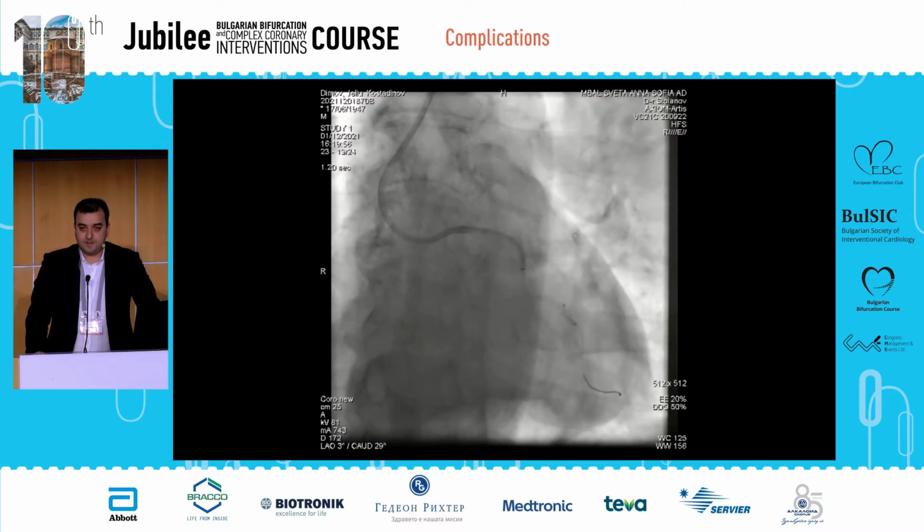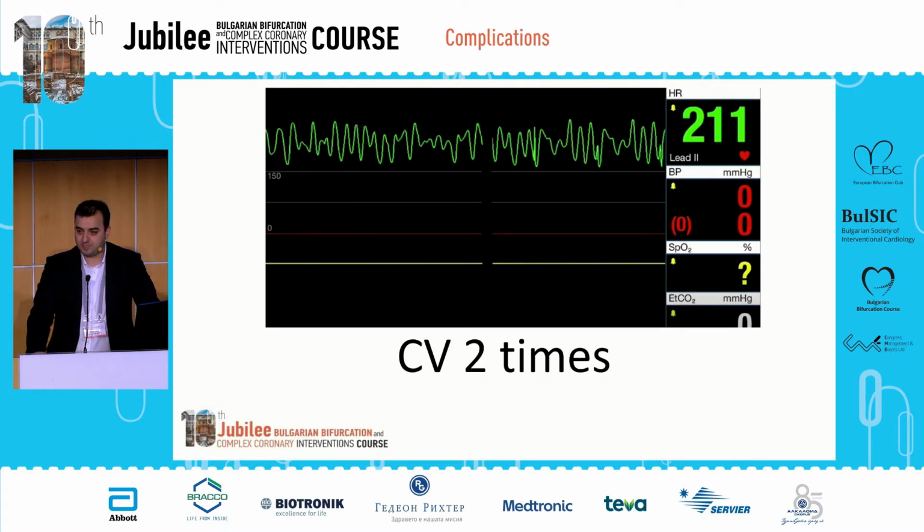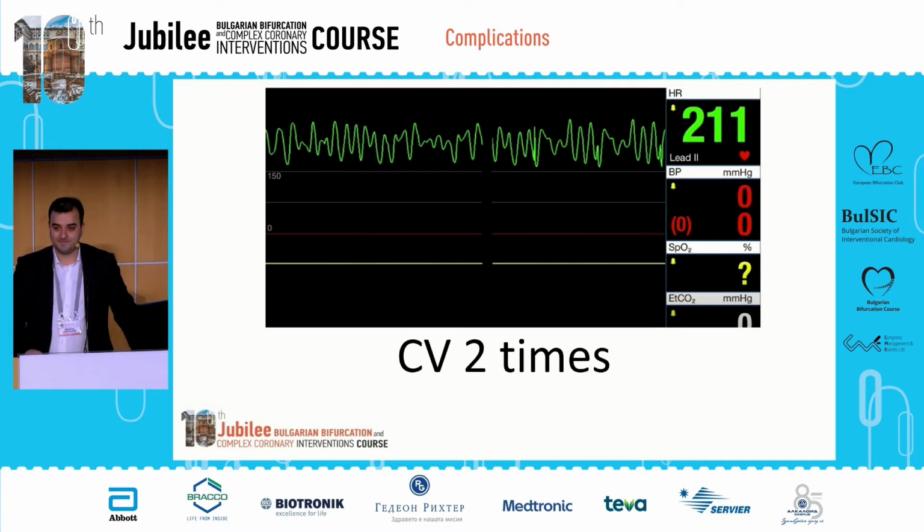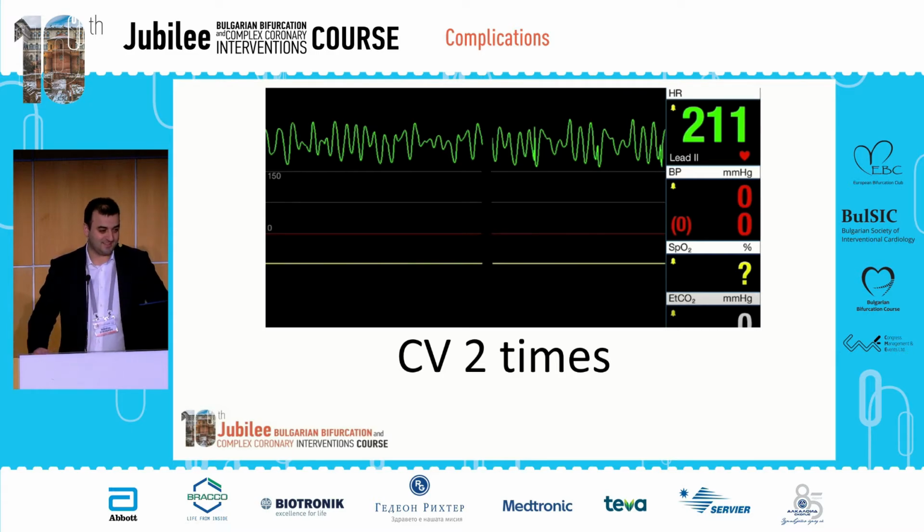I took the same 6 French guiding extension catheter. I passed distally. I started with balloon inflations, 1, 2, 3, 5, 10 times. And finally, the patient went into ventricular fibrillation. The whole team was there and spectating our procedure, and we immediately performed cardioversion 2 times.